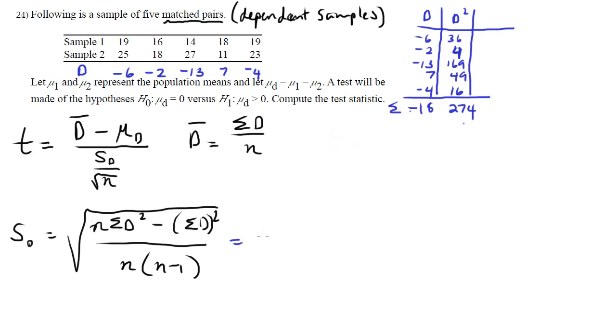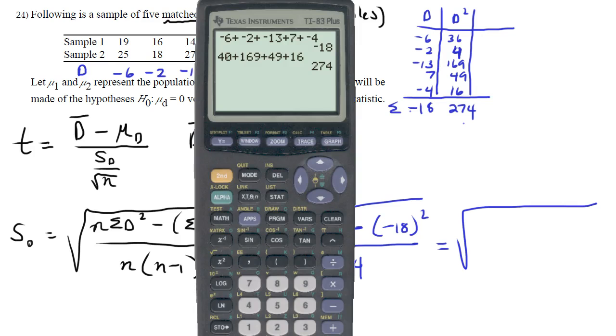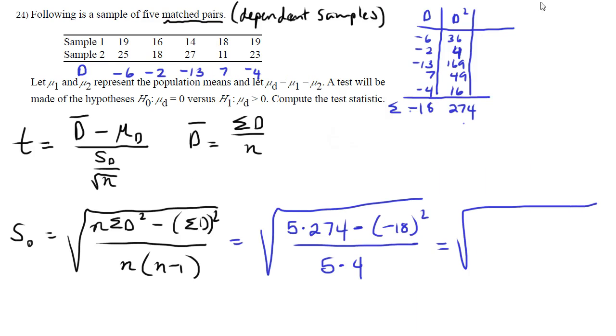Okay. So now let's try to calculate here. I've got five pairs. That's my n. 5 times the sum of the d squareds, 5 times 274, minus the sum of d squared, minus -18 squared, over 5 times 4. I can put this all in the calculator here, but I know these calculations can be weird.